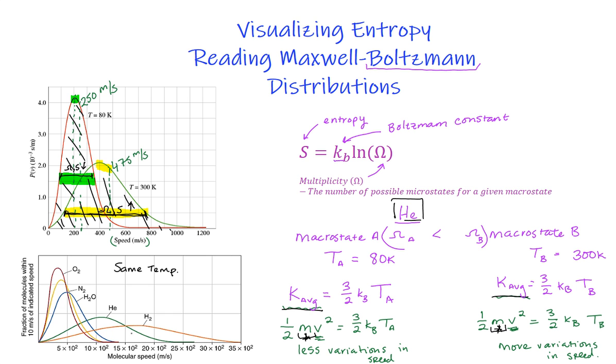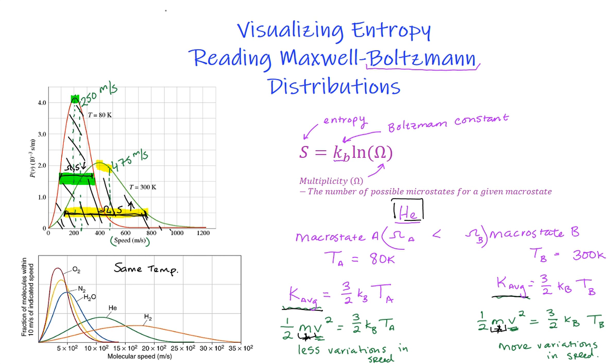So all of these are at the exact same temperature, but their speeds are not going to be the same because of the mass difference of the molecules. And so we can see here that oxygen, diatomic oxygen, at the same temperature as this hydrogen, those two are going to be very different in their entropy amounts, even though they're at the same temperature.